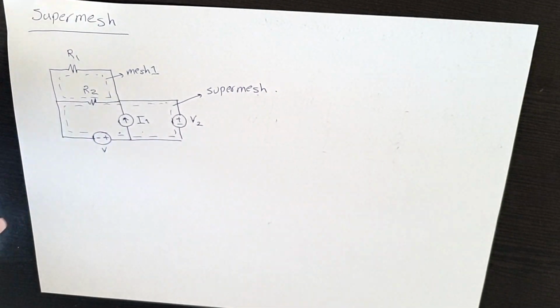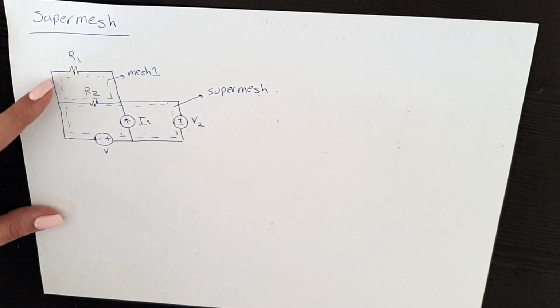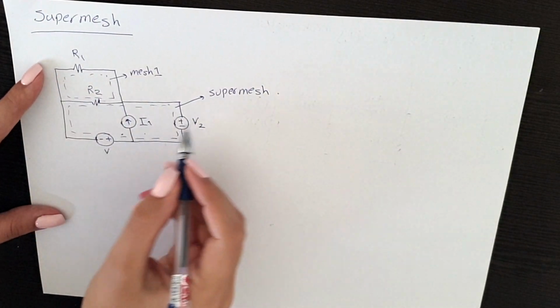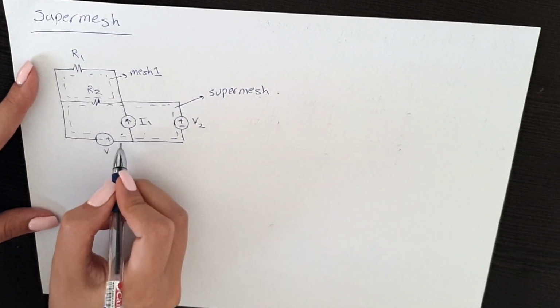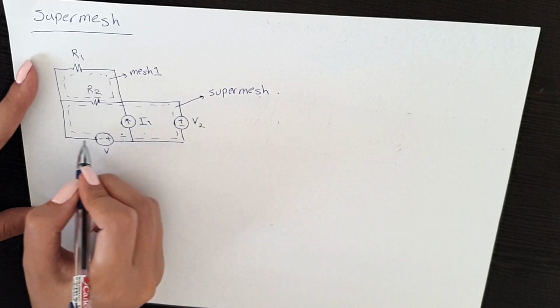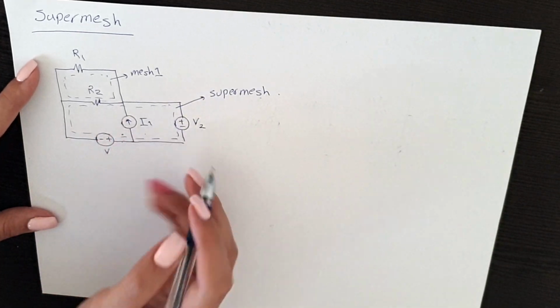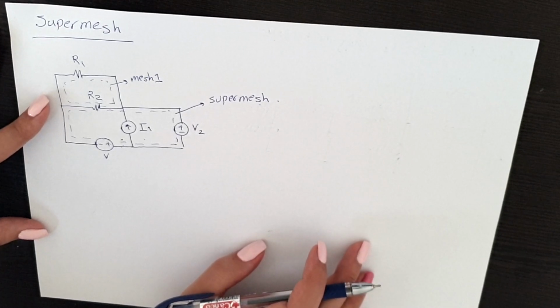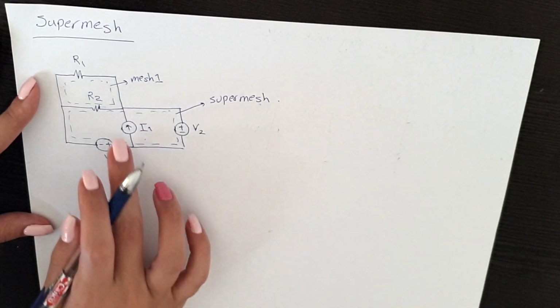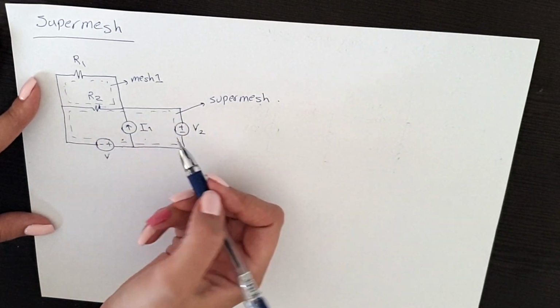And then when we are writing our equations, we write our equations for mesh 1 and we write our equations for our super mesh. We start going around it and write KVL equations. But one thing we need to notice is that the currents are going to be different.